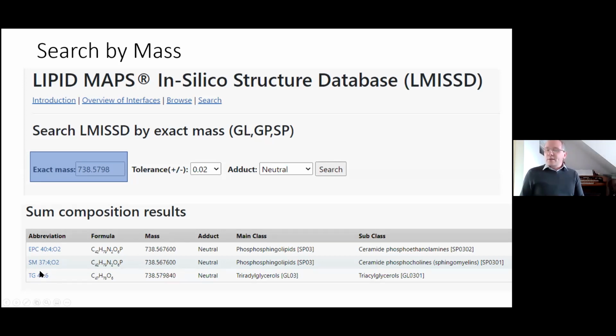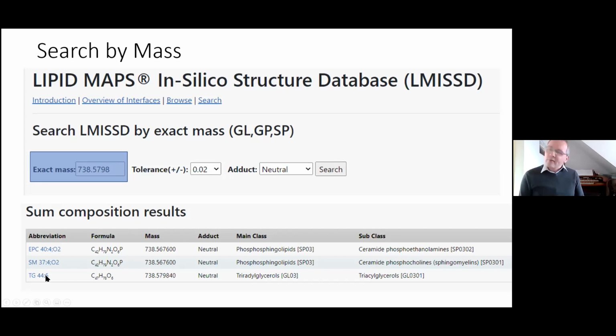This gives you the sum composition, or the abbreviation, or the shorthand nomenclature, species level, whatever we're going to call it. And I don't think we've fully arrived at a definitive name for this thing. And you can drill down further and get the species level by clicking on this link. You can get much more detail about what those lipids could be.